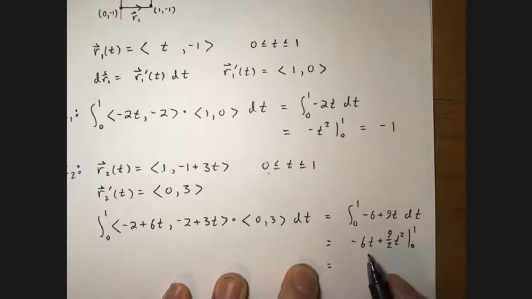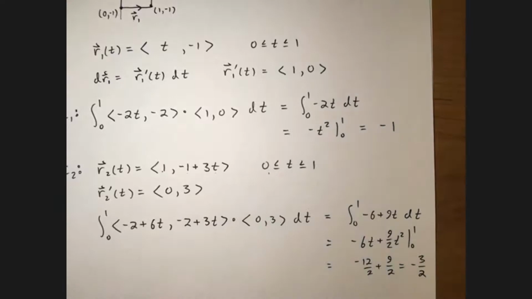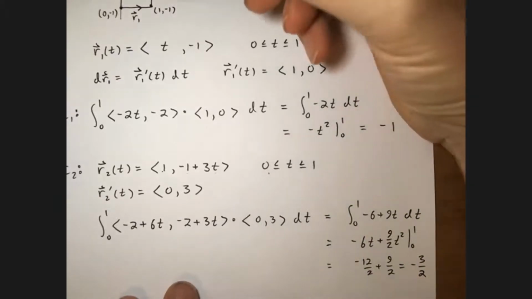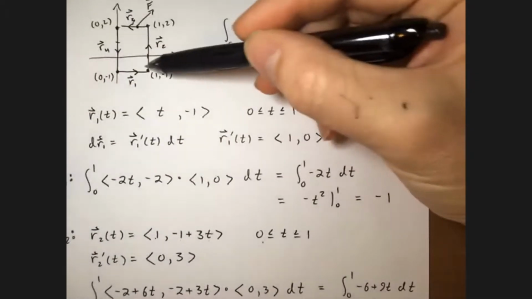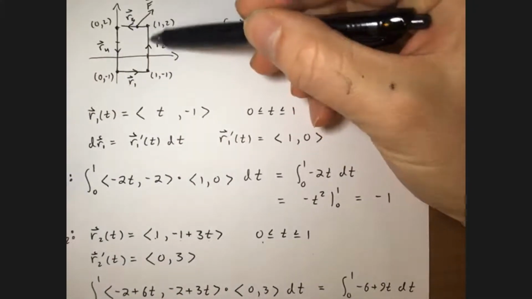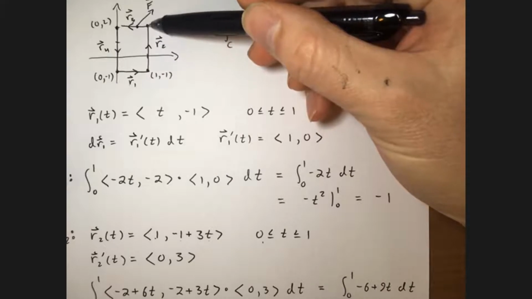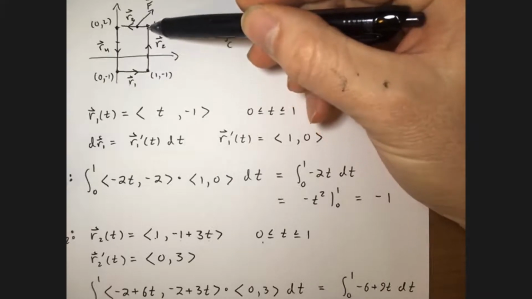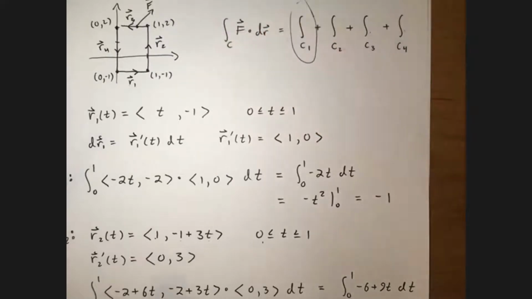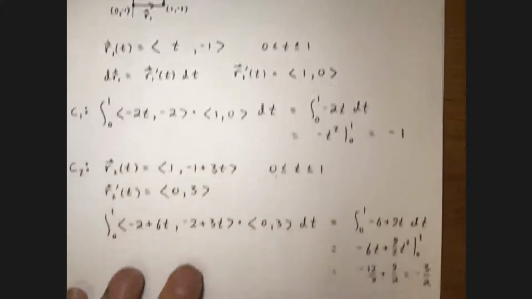All right, well, -6 is -12/2 plus 9/2. That's -3/2. Okay. Again, a negative influence more so than any positive going up this direction. So overall, we had a negative influence of the force vector. Right? So more often than not, it was pointing against our motion.